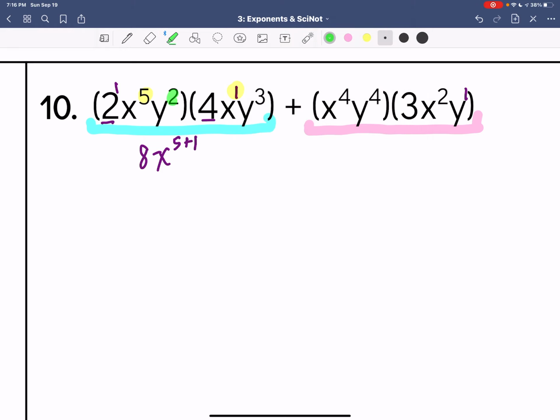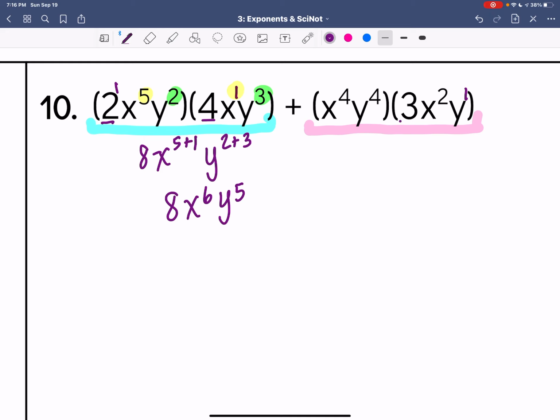For my y's, I'm going to do green. Okay, so then when you go ahead and simplify this part, you get 8x to the 6th, y to the 5th. All right, and then now we're going to go ahead and simplify this other part here.